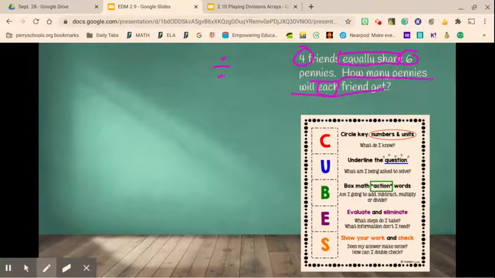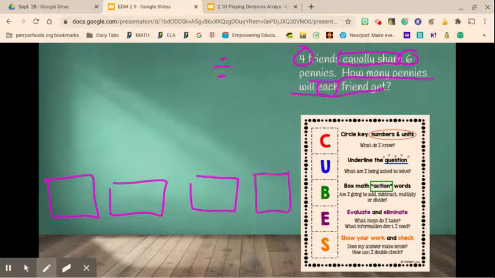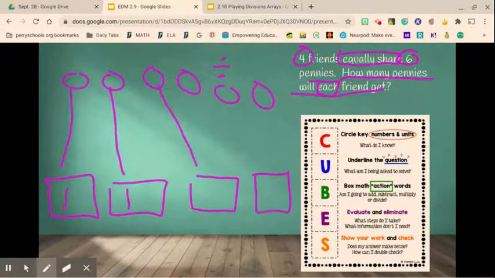When I do this, I know that I want to have 4 boxes for my friends. And I need 6 pennies, so I'm going to draw 6 pennies. And I want to equally share, so I want each person to get the same amount. So I'm going to put 1 penny here, 1 penny here, 1 penny, and then another penny.